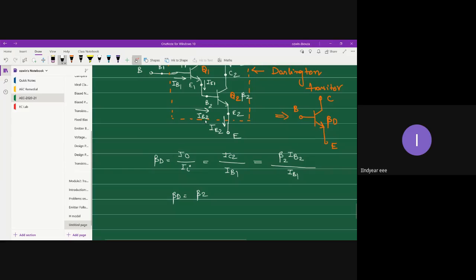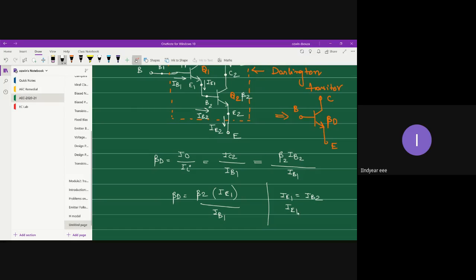Now, can I write IB2 as IE1? If you see, the first transistor emitter current will get into the second transistor base terminal. So IE1 is equal to IB2.